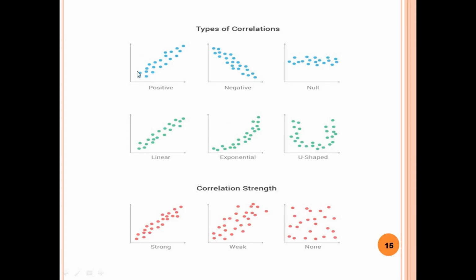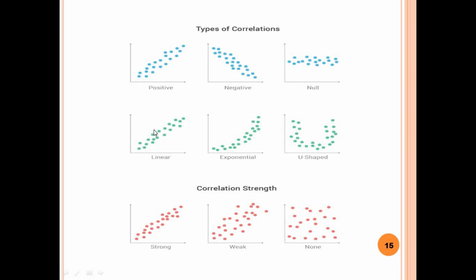Here you see the dots or points go from bottom to top, that means left bottom to right top. This is called positive correlation. And in case of negative correlation, it goes from left top to right bottom. This is called negative correlation.